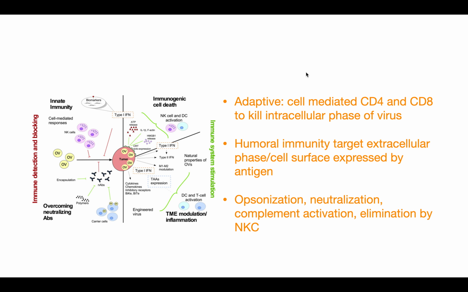B cells are going to make the antibodies, and from there, macrophages are going to come, CD8 cells are going to come, etc., etc. The humoral immunity will target the extracellular phase or the cell surface expressed antigen. So that's going to result in opsonization, neutralization, complement activation, and eventual elimination by the natural killer cells.